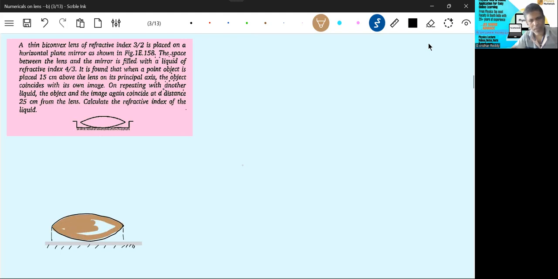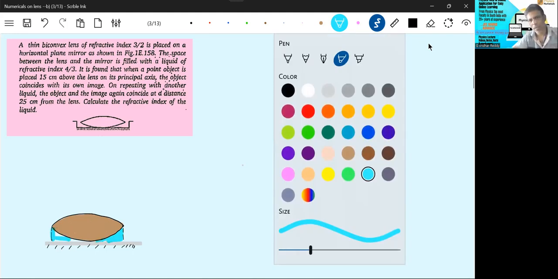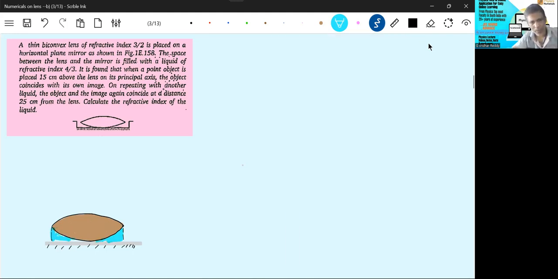Now the gap between the lens and the plane mirror is filled with a liquid. I'll choose this as the liquid. So this will behave like a plano-convex lens. The liquid, the blue color that you see, will behave like a plano-convex lens.